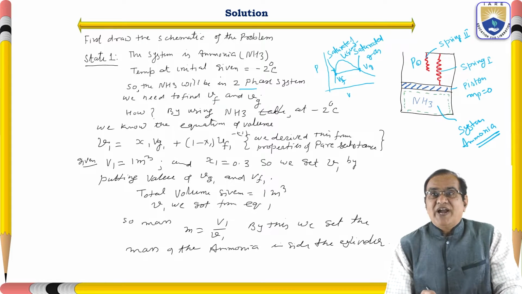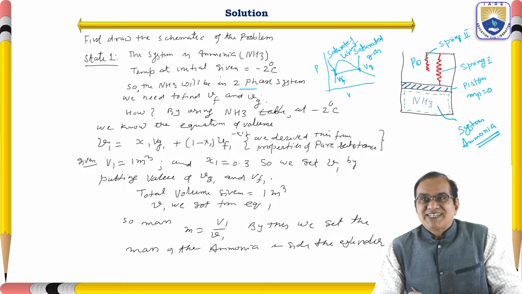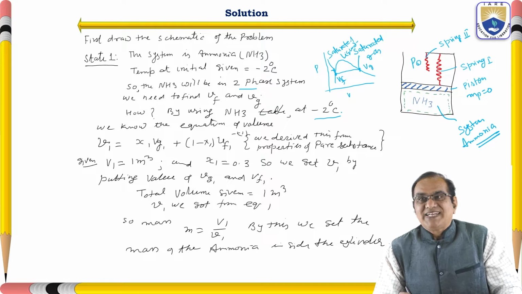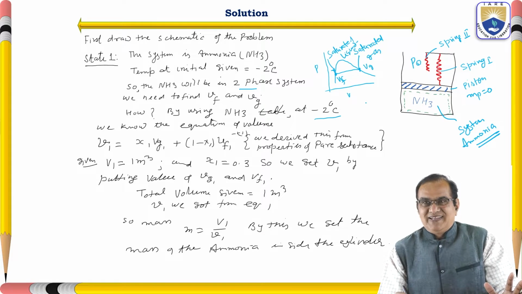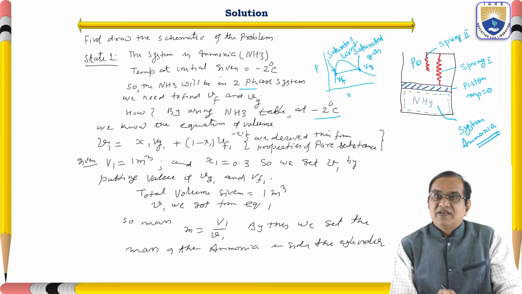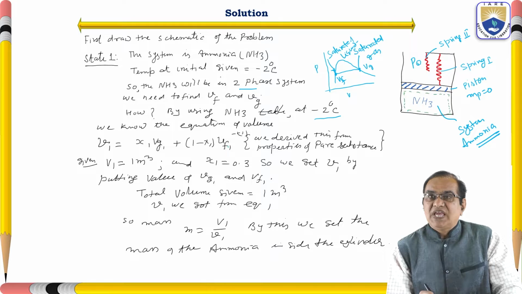So we have to find Vf and Vg, because they are not given. How to find them? By using the ammonia table at -2 degrees centigrade, because ammonia is given at -2 degrees centigrade. We can find Vf and Vg from the ammonia table. And we have seen in our previous lecture that the equation of volume is V1 equals x1 Vg1 plus 1 minus x1 Vf1.